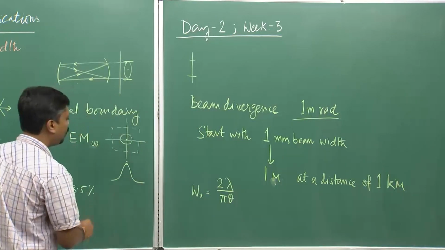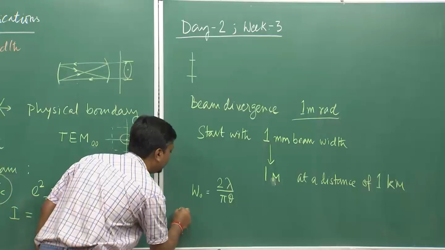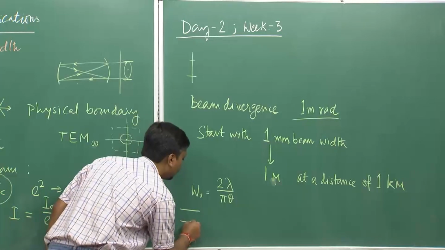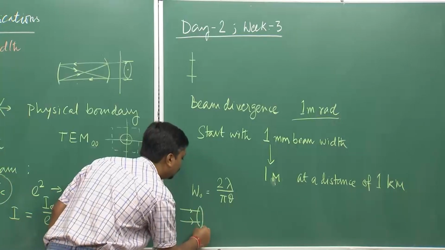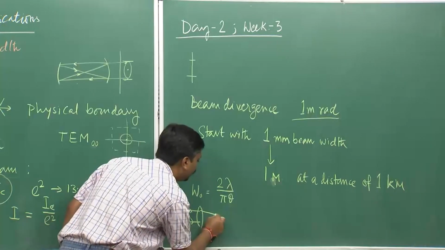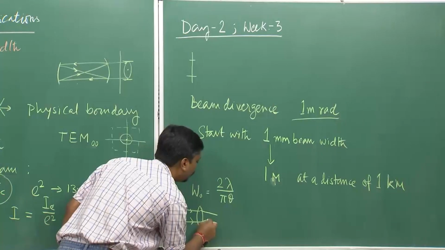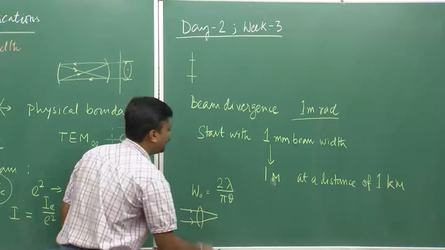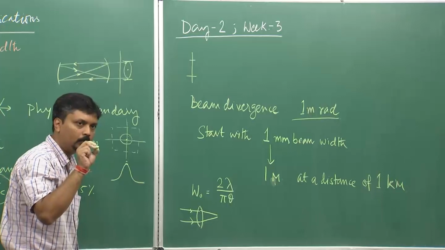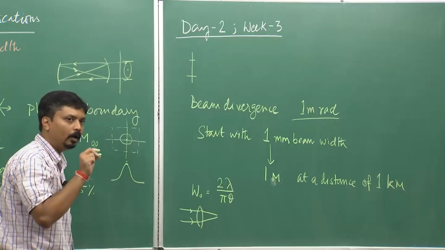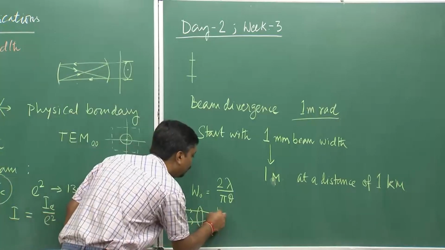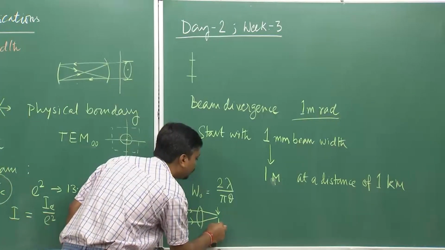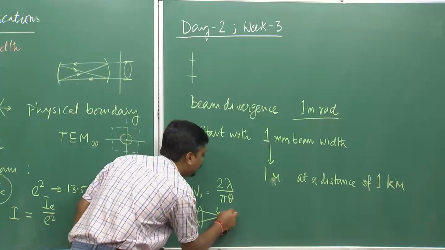So I am talking about focusing the beam. Essentially I have a parallel beam going, put a convergence optics, and focus it. Many of you know that we can focus it up to a certain dimension. We cannot really zero in on a point. There will be a beam waist, and then it will diverge.